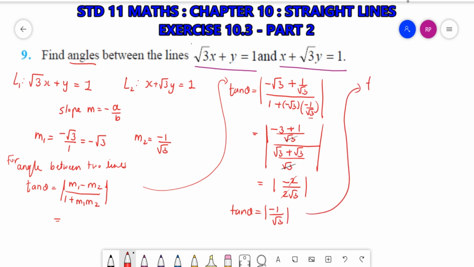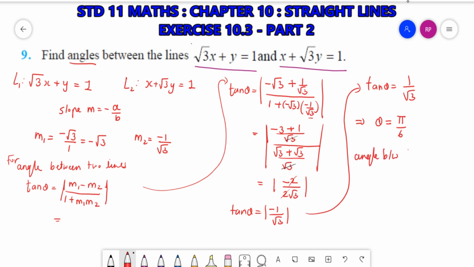Now as it is modulus, and we are taking the acute angle as the angle between two lines, there are two possibilities. It can be either plus 1 by root 3 or minus 1 by root 3. But as we are taking the acute angle, I write down tan theta is equal to plus 1 by root 3. And we know that the value of tan is 1 by root 3 at pi by 6. So this implies that theta is equal to pi by 6.